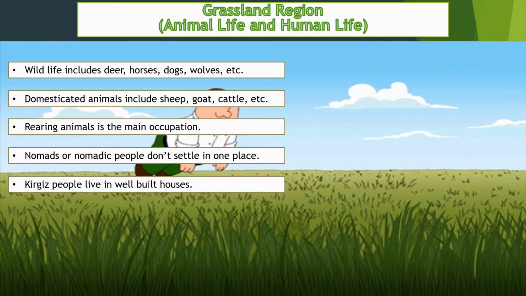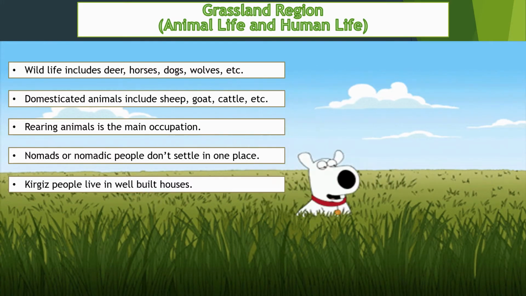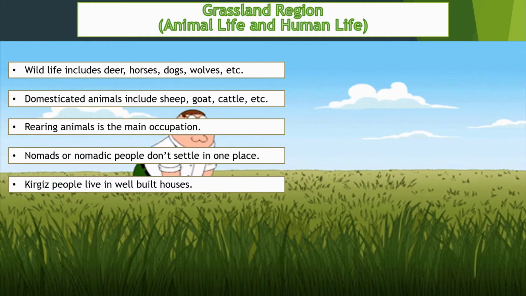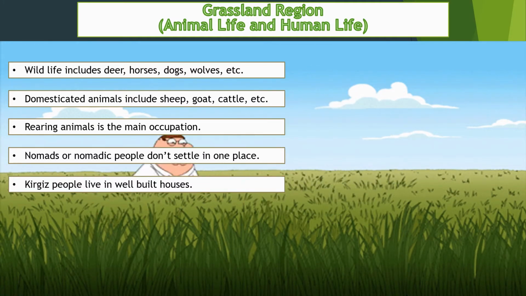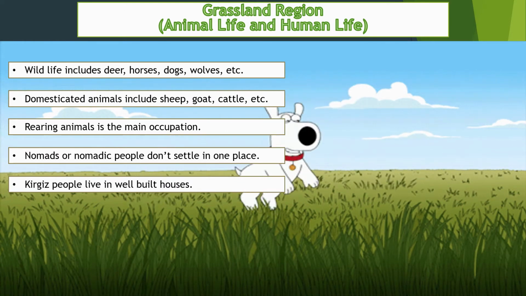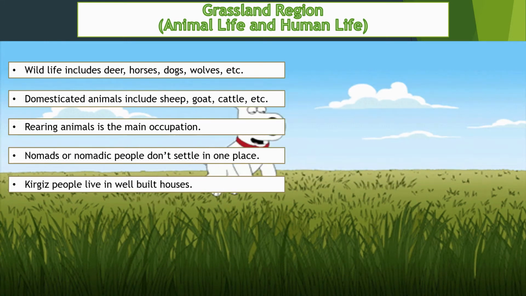The wildlife includes deer, horses, dogs, wolves, bison, rabbits, kangaroos, etc. One can also find many domesticated animals like sheep, goats, donkeys, etc. The human activity or occupation is animal rearing or animal husbandry, which also means domestication of animals and obtaining produce from them.